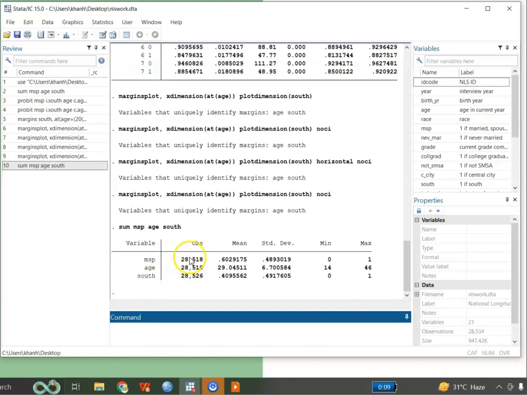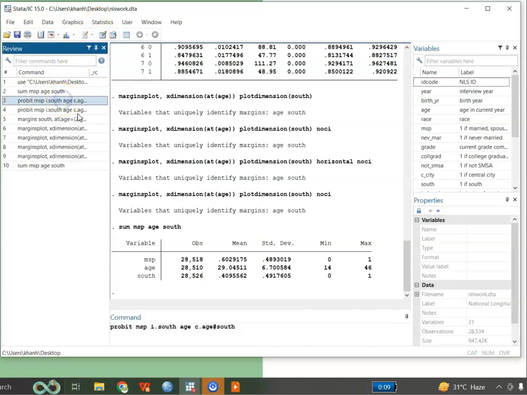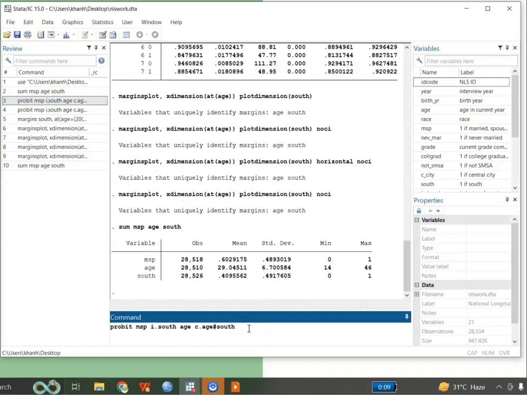This is the total number of observations for this variable, these are the total observations for age, these are the total observations for south, and these are the minimum, maximum, means and standard deviation. After this, I'll go to statistics, and I have already given these commands here.